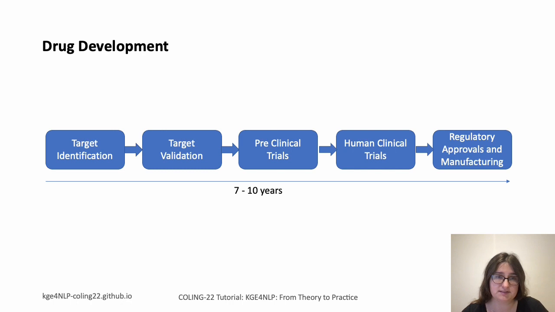The whole process can take between 7 to 10 years, and it's time-consuming and very expensive. The single step of identifying the gene target takes several years, and if not identified correctly, may result in loss of money and time.